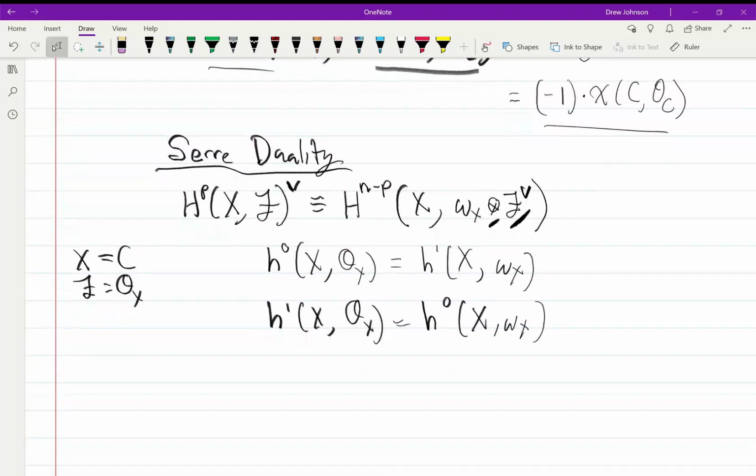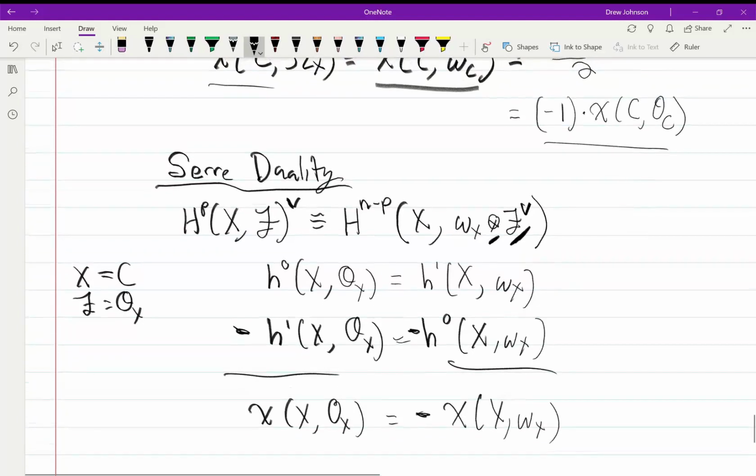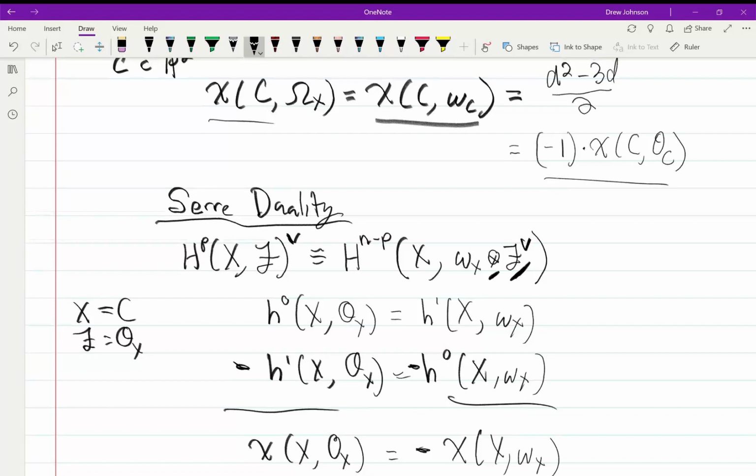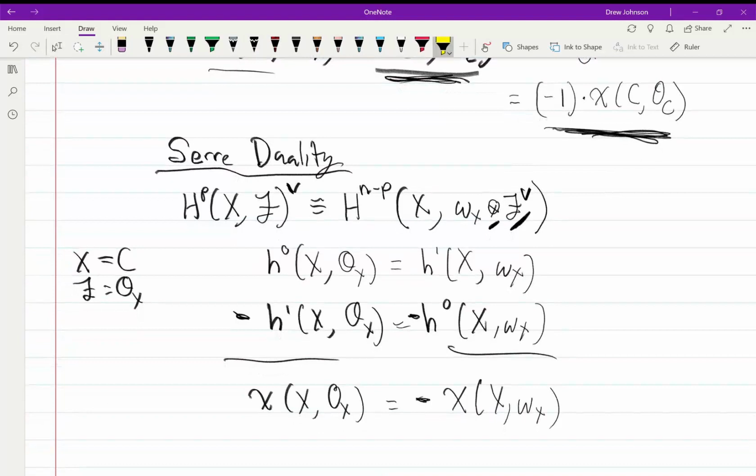Okay, and then let's put minus signs on these ones and then add them up, and then this side will just be the Euler characteristic of OX, and this side here will be the negative of the Euler characteristic of X, omega X. Okay, and that's exactly what we observed up here, that the Euler characteristic of the canonical bundle was the negative of the Euler characteristic of the structure sheaf. All right, so there we go. So Serre duality is a very important tool in algebraic geometry.